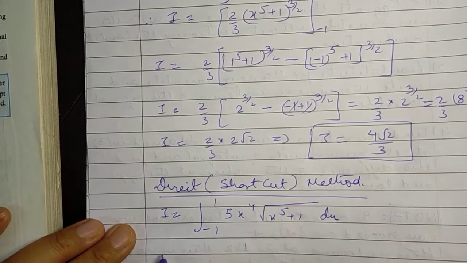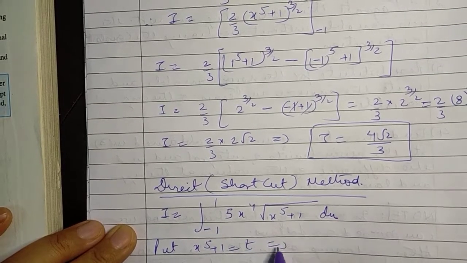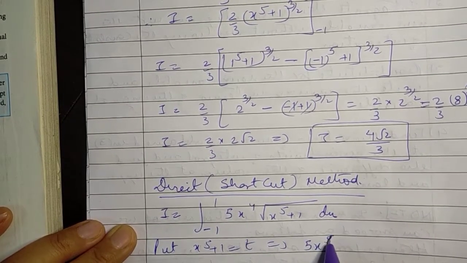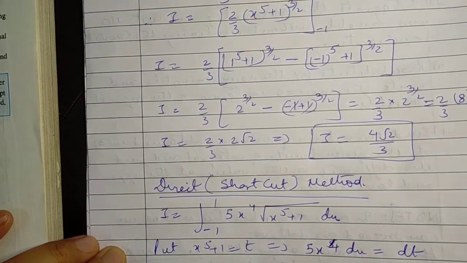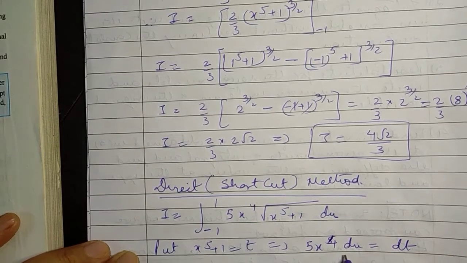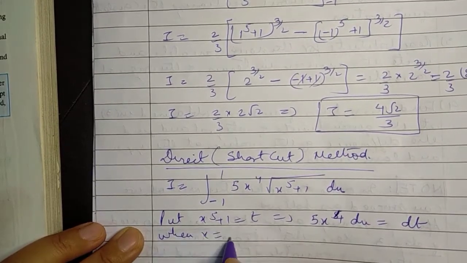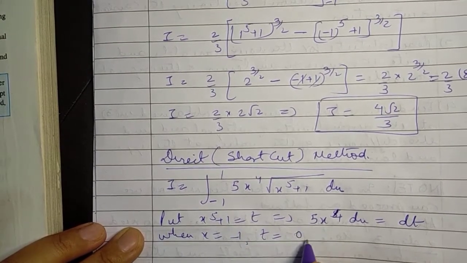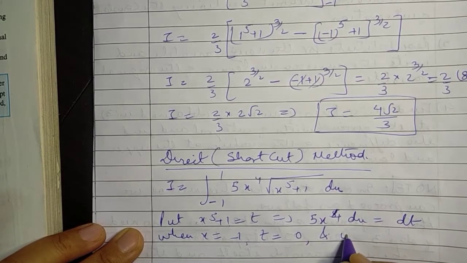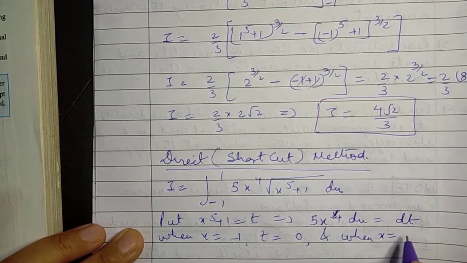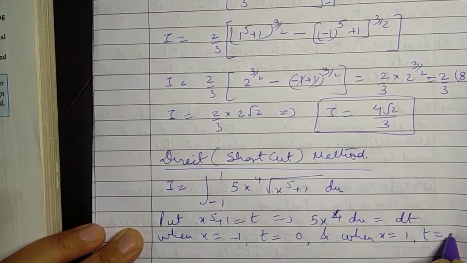We start with the same, that is put x raised to power 5 plus 1 as t, we get 5x raised to power 4 into dx as dt. Till here it's the same. Now at this stage what we do is we change the limits. So when x is equal to minus 1, t is equal to 0, and when x is equal to 1, t is equal to 1 raised to power 5 plus 1, that is 2.